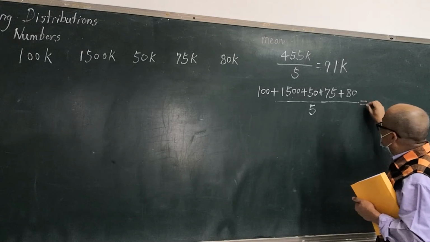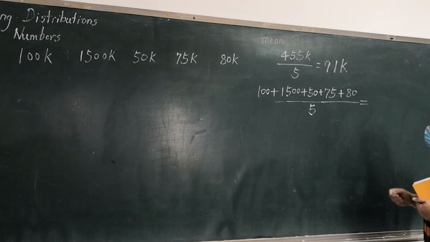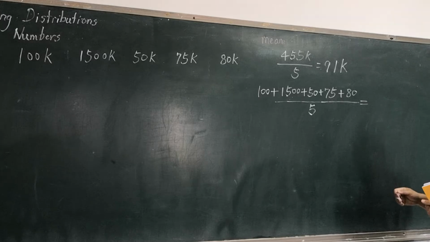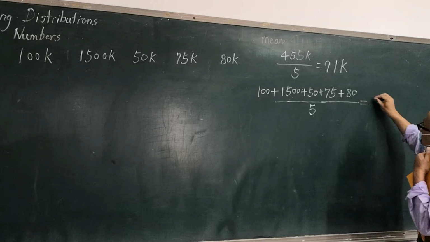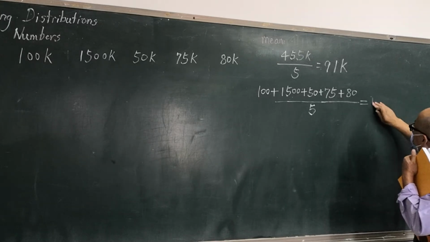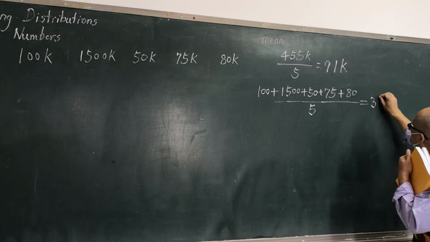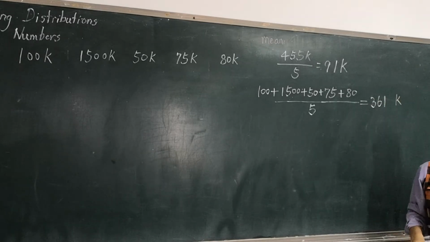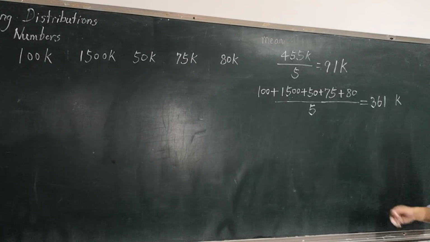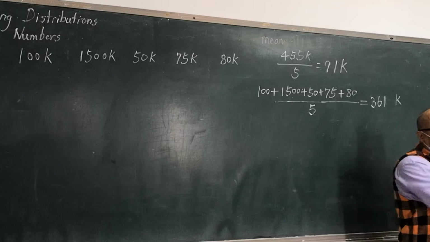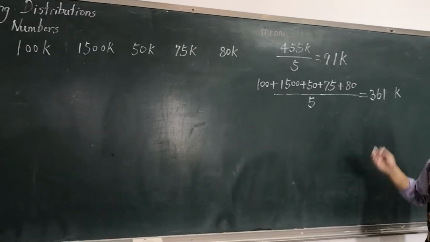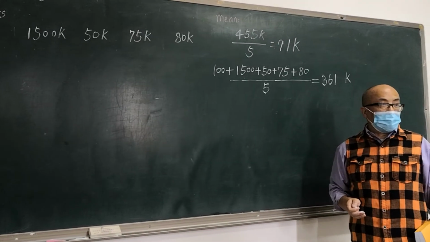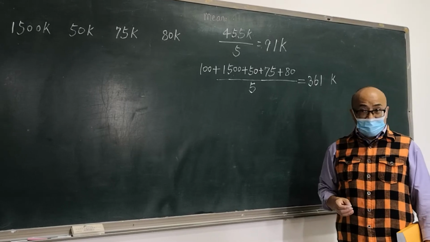And what's the number? 361K. Now, all of a sudden, the average on that street is 361,000 per house.